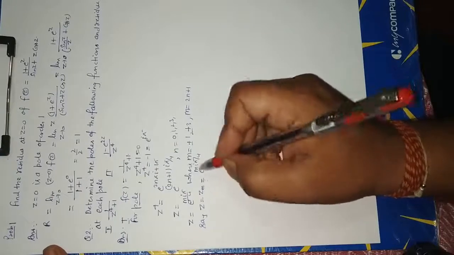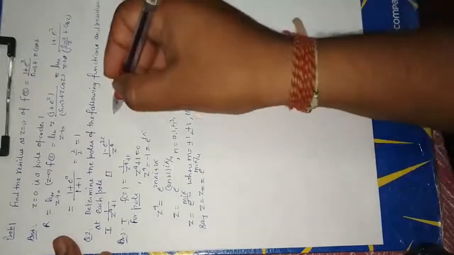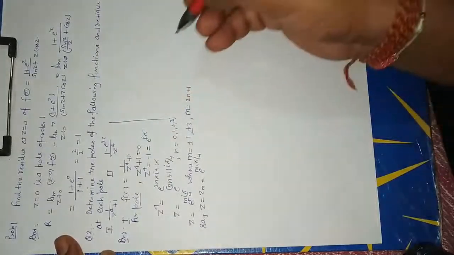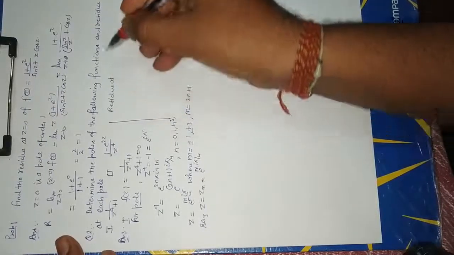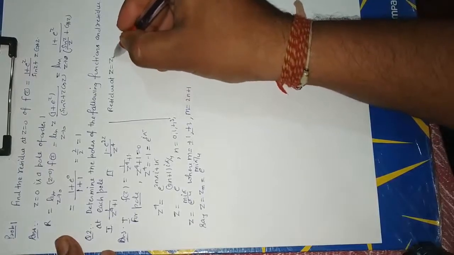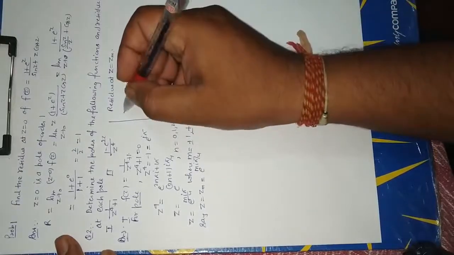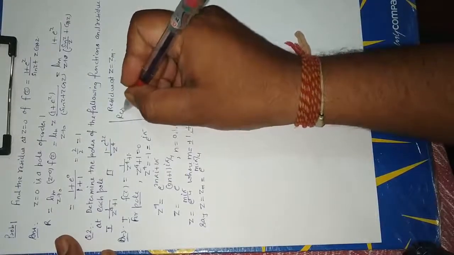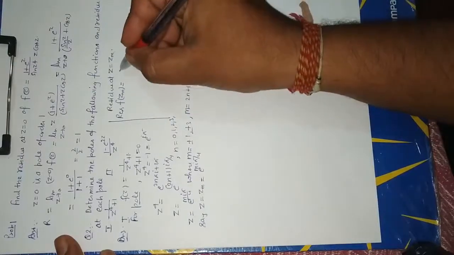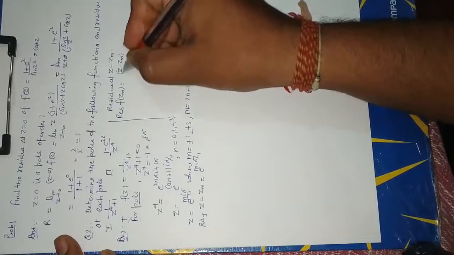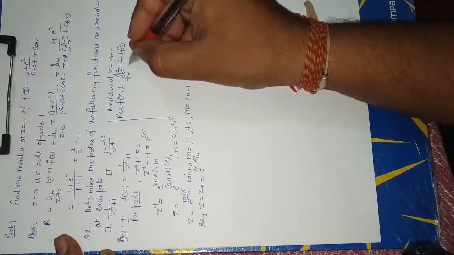Now we can calculate the residue at z equal to z_m, that is residue f(z_m) equal to limit z tending to z_m of (z minus z_m) f(z).